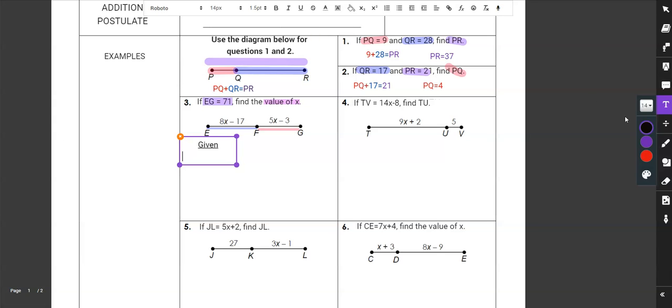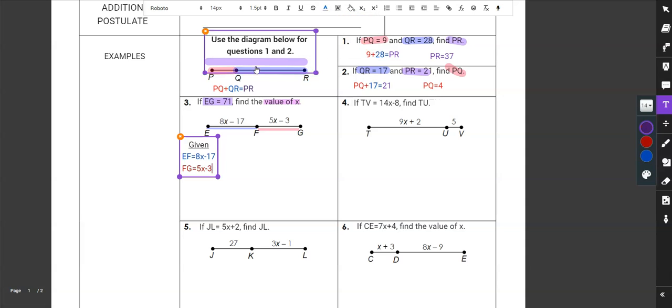So we know that EF is represented by 8x minus 17. It's the third or fourth time today I've done that. And then we know that FG is going to be equal to 5x minus 3.